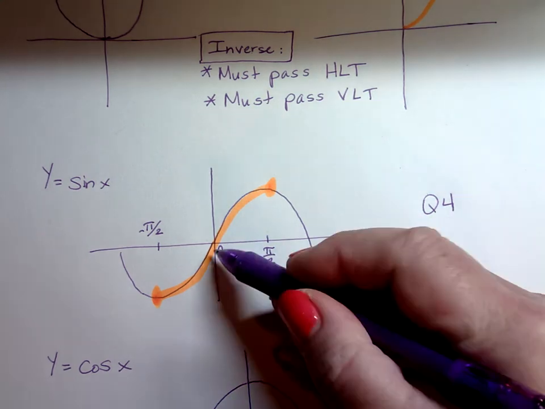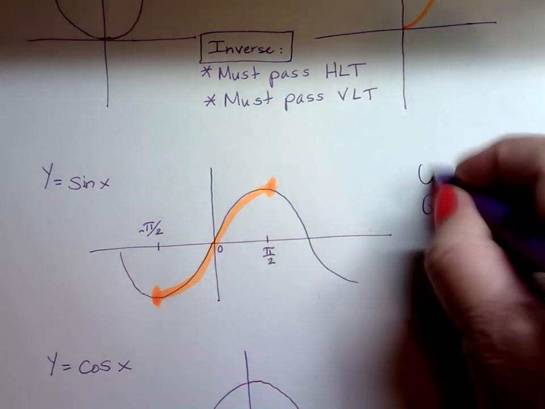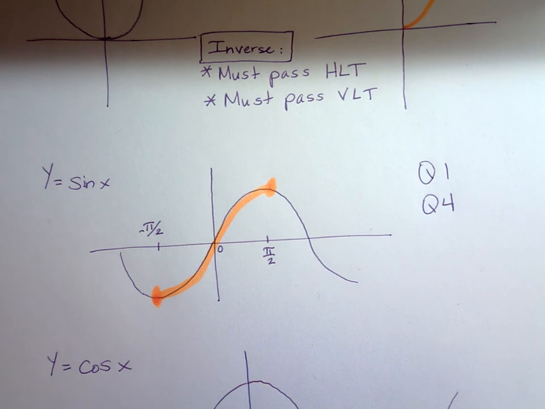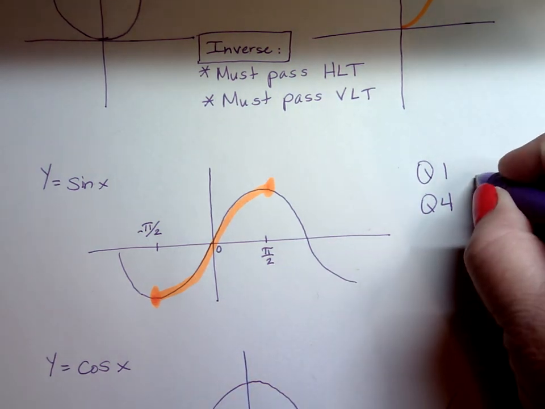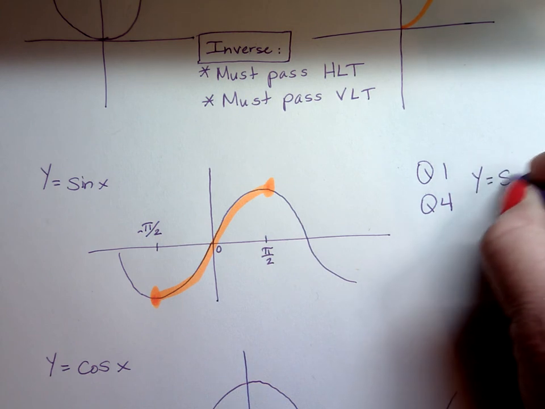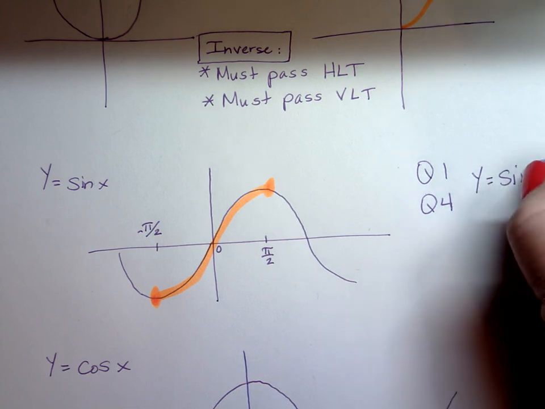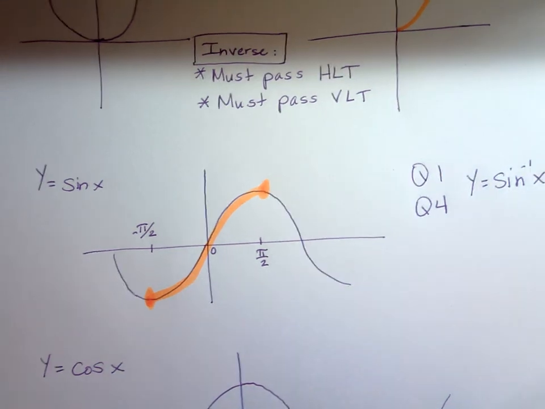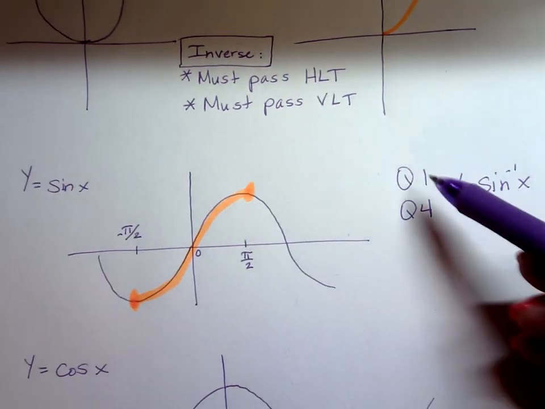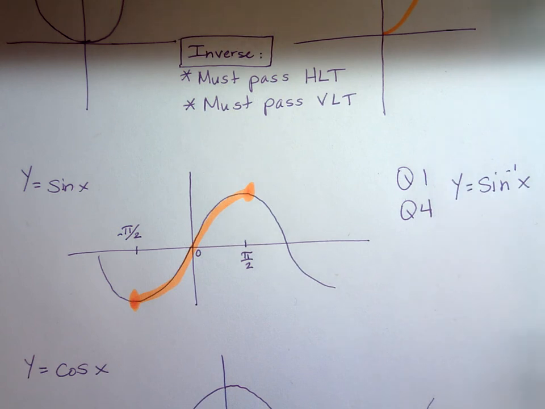And if I'm between 0 and pi over 2, I'm in quadrant 1. So if I have y equals the inverse sine of x, the only places I'm going to have values for that are in quadrant 1 and quadrant 4, because that's where the inverse would lie.